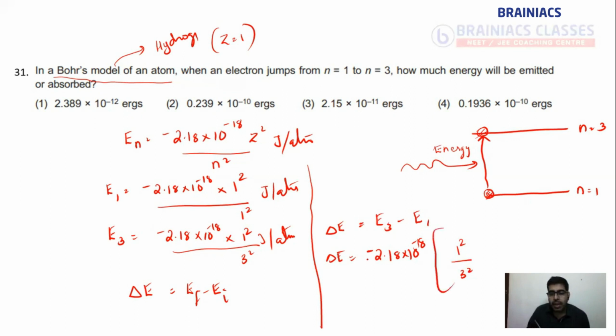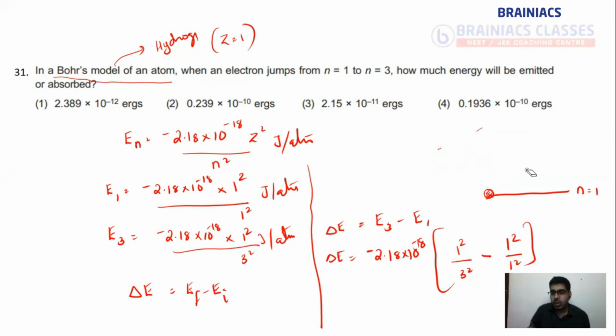Both of them have minus 2.18 into 10 raised to minus 18, so I'm taking it outside from both E3 and E1 and keeping the remaining part, 1 square by 3 square minus 1 square by 1 square. I think it's clear. I don't have space, so I'm writing here.